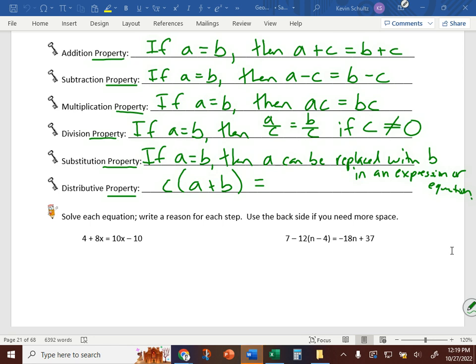C times the sum of A and B is equal to AC plus BC, right? You can distribute that C term, that coefficient, into the parentheses, and you multiply. Okay, same distributive property that you've been using before to solve equations, simplify expressions. Any questions on those 6 properties?